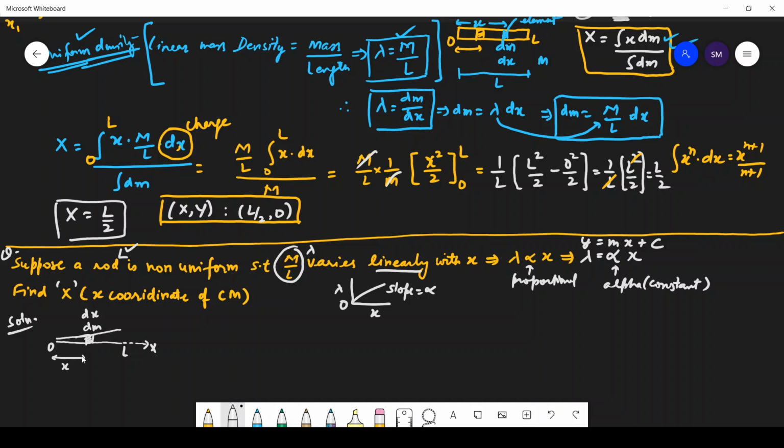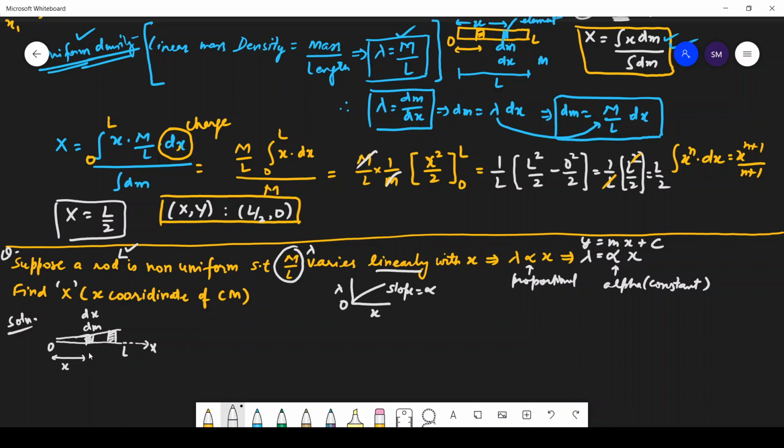But as you take another element over here, it will be more massive. As you increase x, the masses on the right side are more massive than the masses on the left side, right?